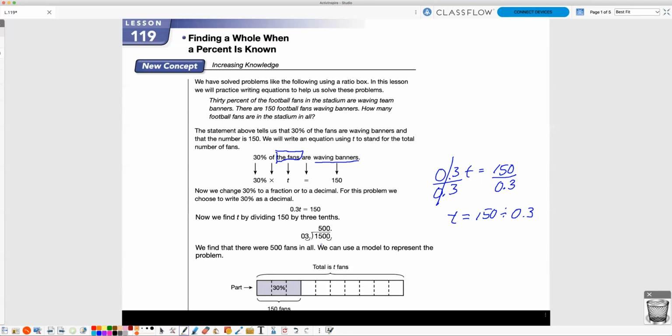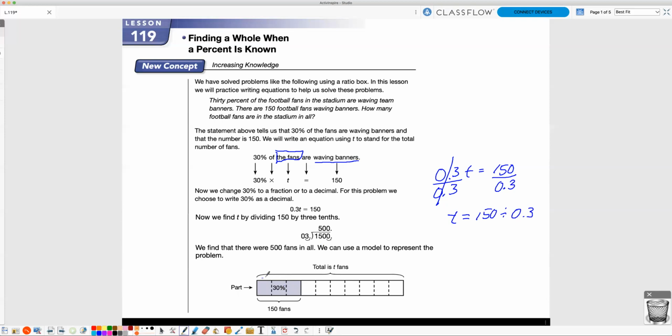The total fans, if you've got 150 being the part of those who waved banners, and this represents the number who did not wave banners, all told, there would be 500 people. So you see there's 1, 2, 3, 4, 5, 6, 7, 8, 9, 10 parts to that, because we're talking about percentage here and it's 30%.